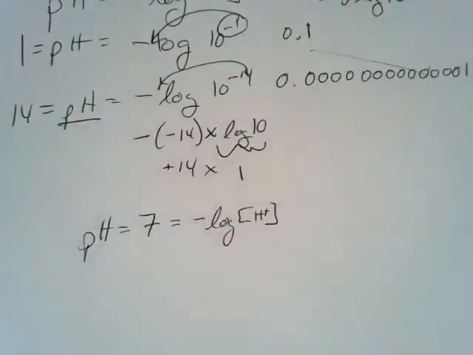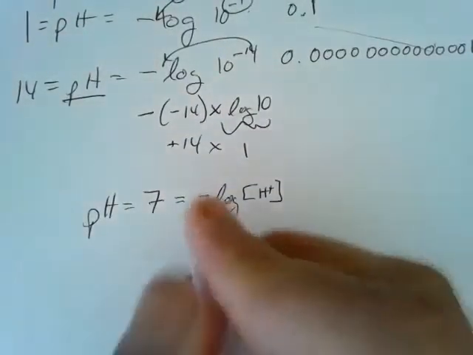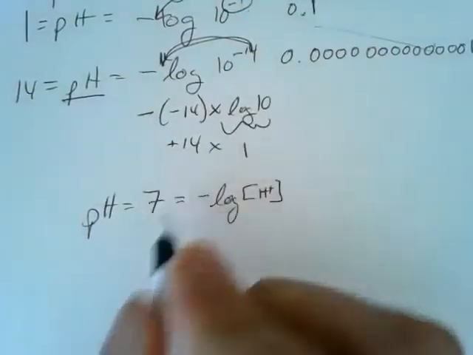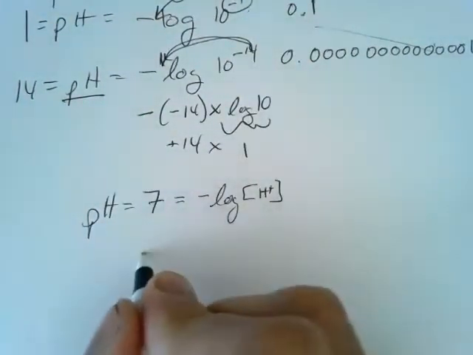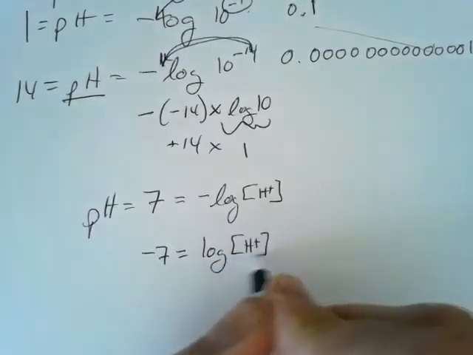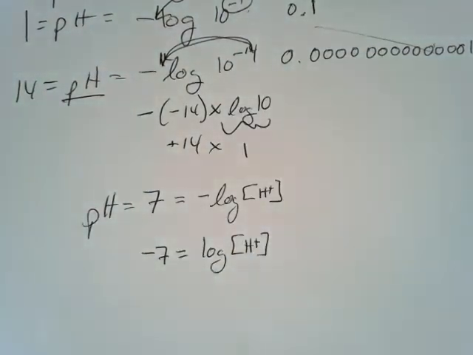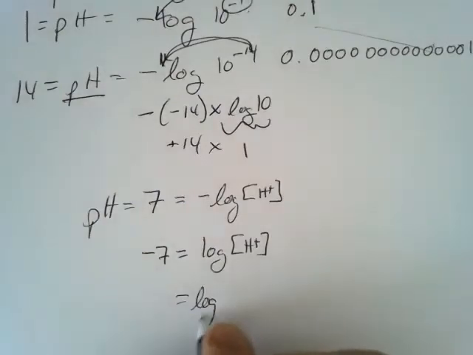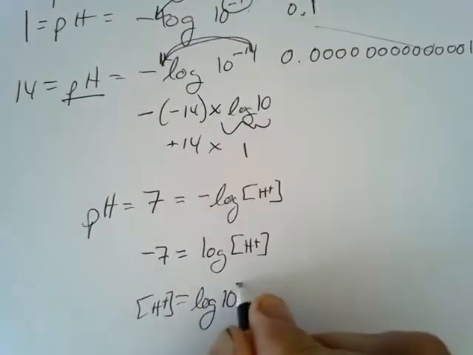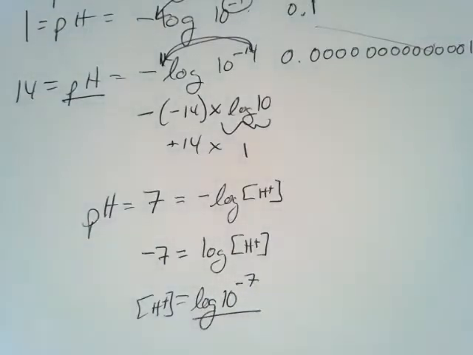So if this were the case here, in this case, the 14 came down and there was a negative outside. In this case, we'd have to swing the negative over to the other side, and we get negative 7 is equal to the log of H plus. But that would mean that the H plus concentration is equal to the log of 10 raised to the minus 7.